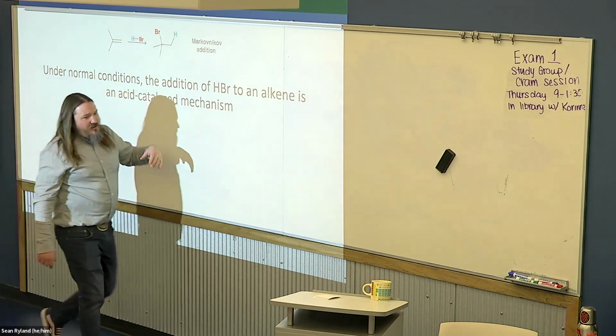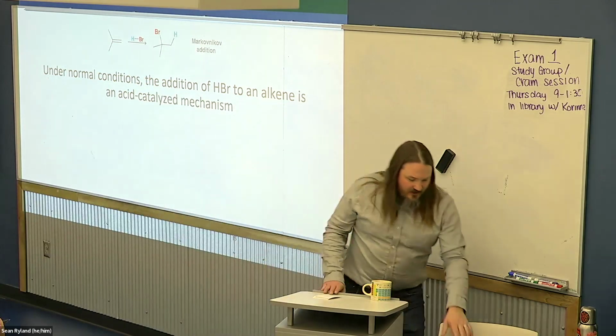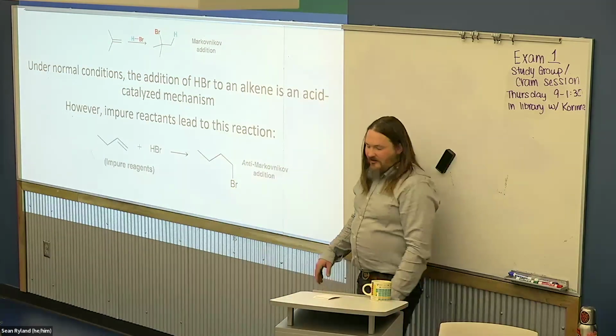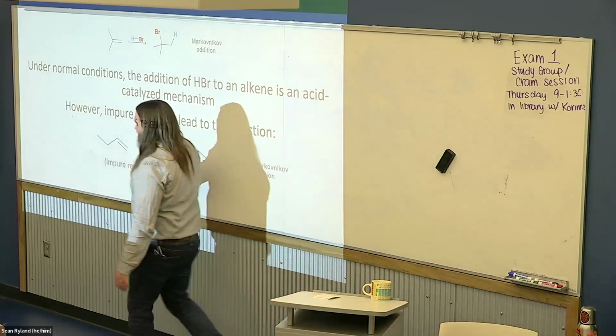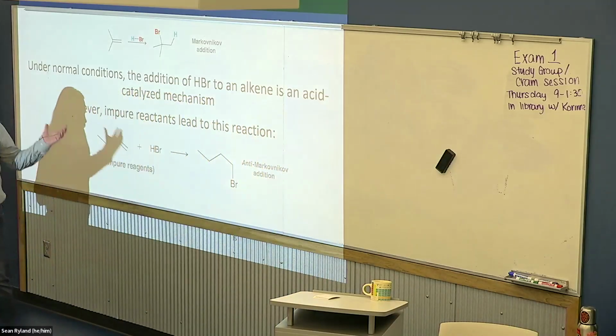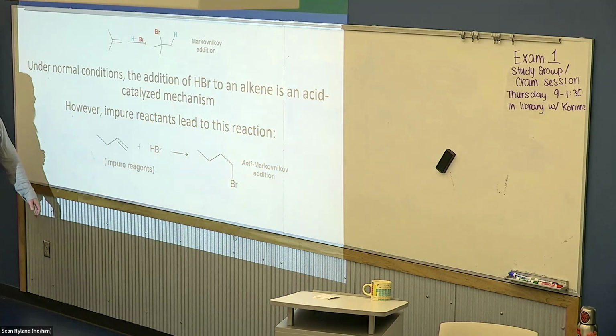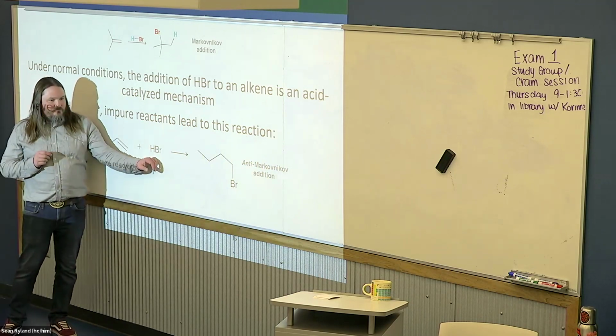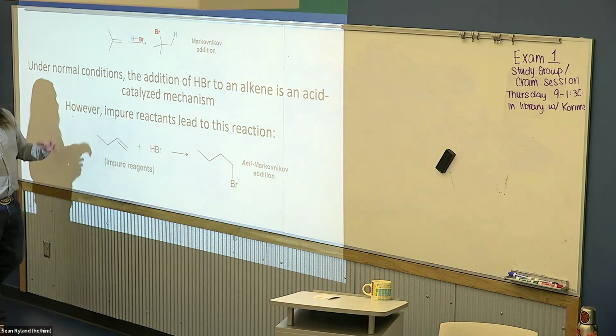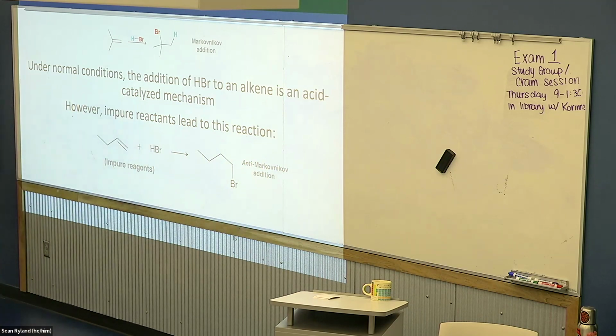If we did that with impure reagents, and again, I gave you the historical context, basically this came down to a certain chemical supplier that had HBr with some peroxides mixed in by accident, just like a 1% impurity. This was just one specific case.